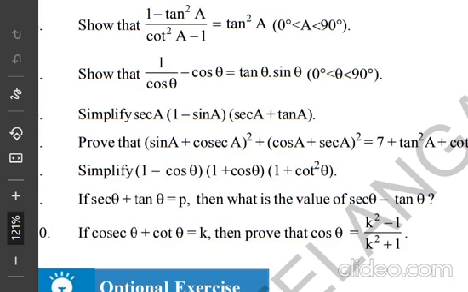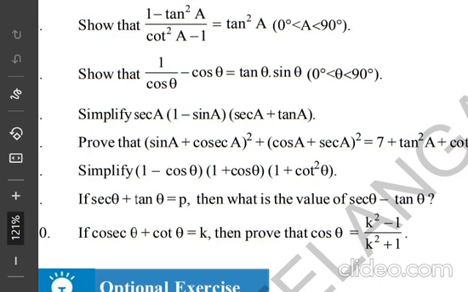If secant theta plus tan theta is equal to P, then what is secant theta minus tan theta?